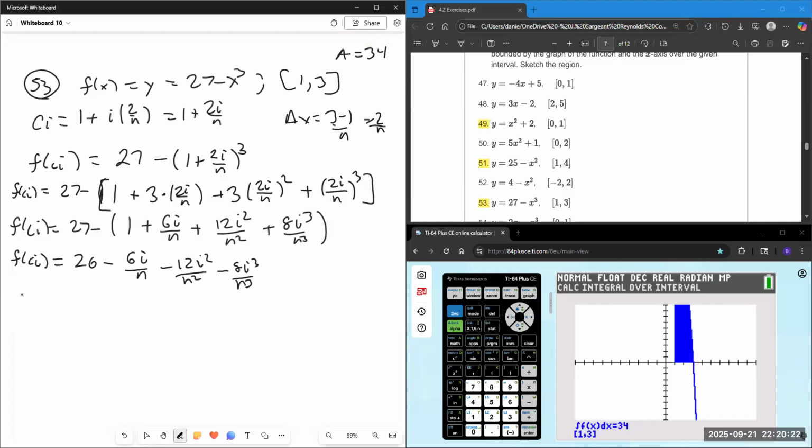F of Ci times delta x is 26 minus 6i over n minus 12i squared over n squared minus 8i cubed over n cubed times 2 over n.